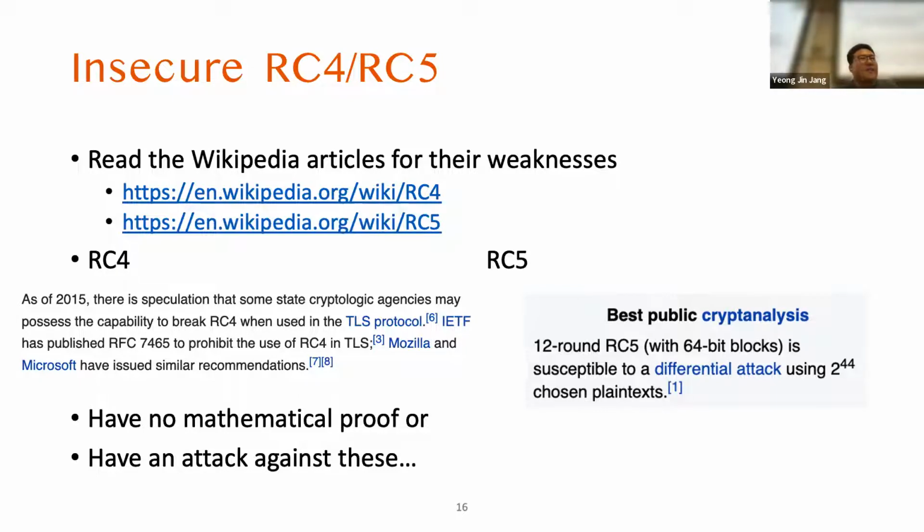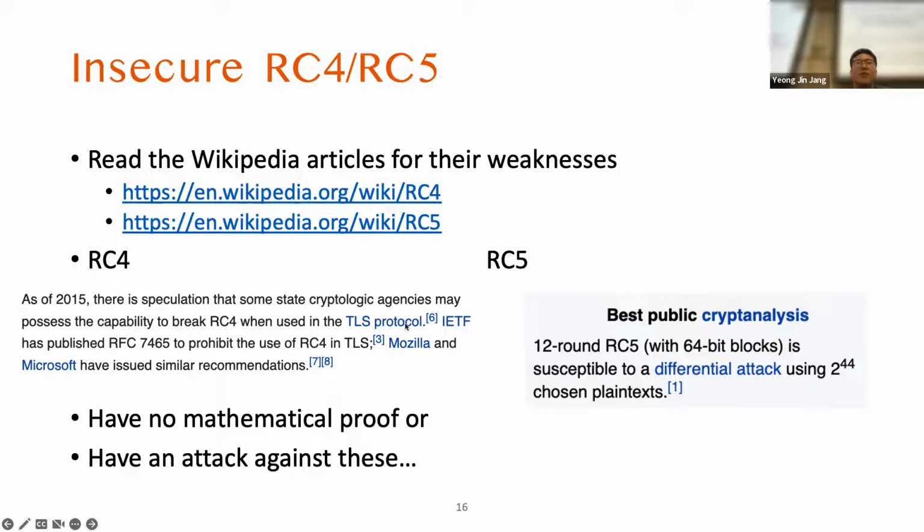RC4 and RC5 have been debunked as insecure algorithms. You can also find these details in the Wikipedia article. For RC4, as of 2015, there is speculation that some state cryptologic agencies, who did not disclose who they are, but maybe you can conjecture about who can decrypt it, have the capability to break RC4 when used in the TLS protocol.